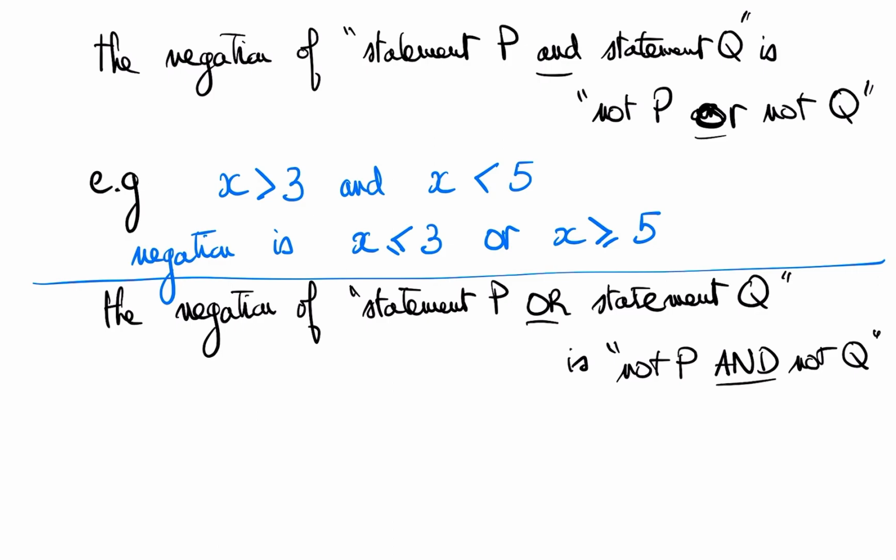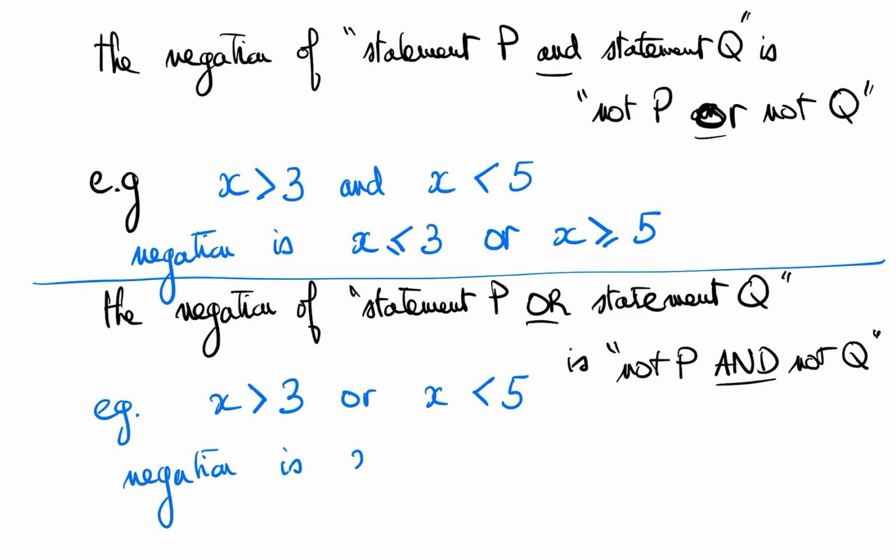For example, x greater than 3 or x less than 5, where the negation is x less or equal to 3 and x greater or equal to 5.